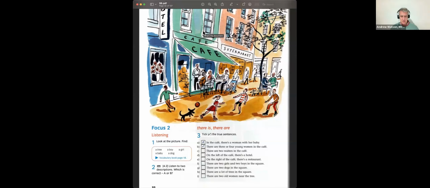So you can also teach them tick and cross. There are 2 girls and 2 boys in the square. It's 1 girl and 3 boys. 2 dogs in the square. A lot of trees. No, there's only 1.